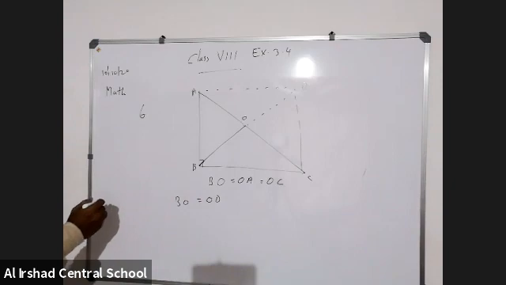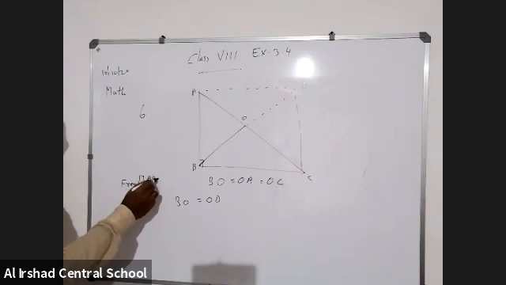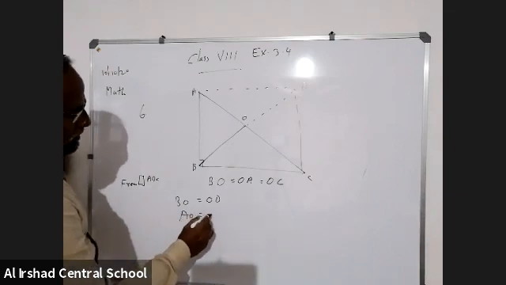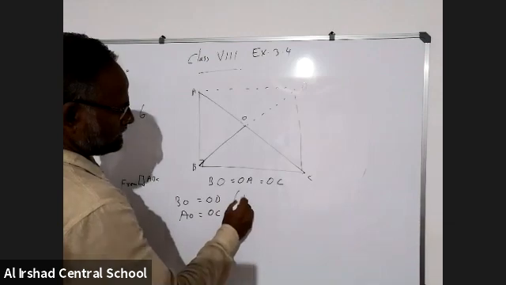You have to start from rectangle ABCD. BO is equal to OD. AO is equal to OC. Diagonals are bisected.